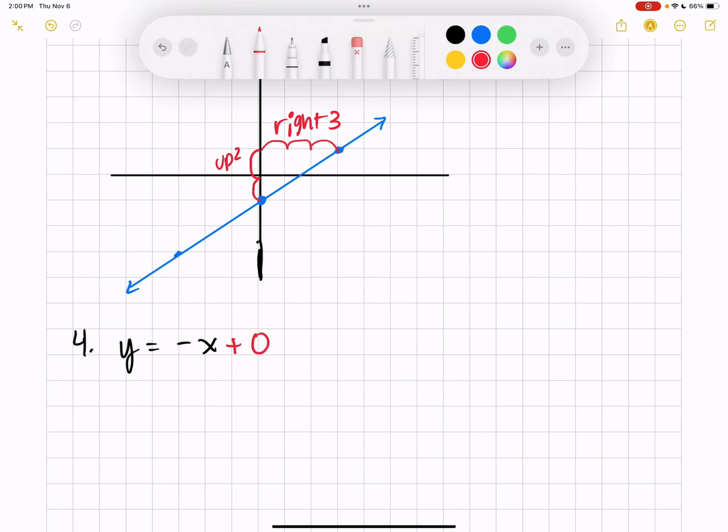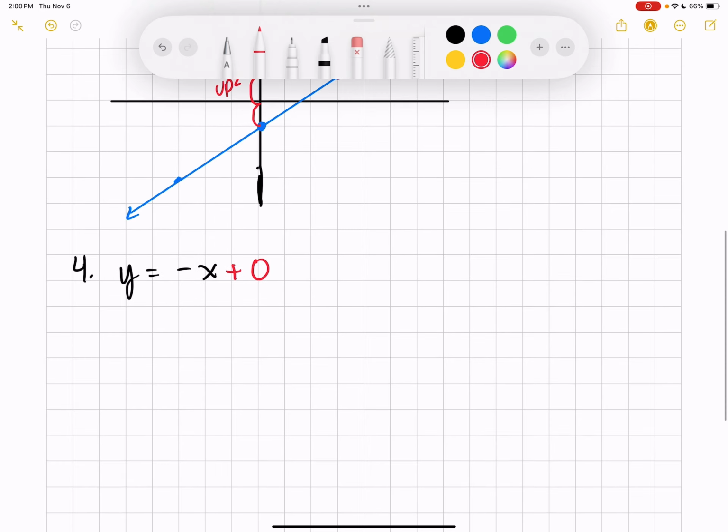If it's not there, then it just means that that would be 0. So my slope is the number in front, which is a negative 1. My y-intercept, b, is 0. So this slope being negative tells me that I'm going to go down 1, right 1.